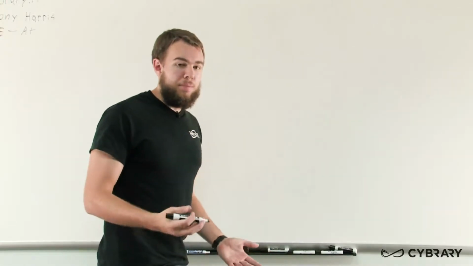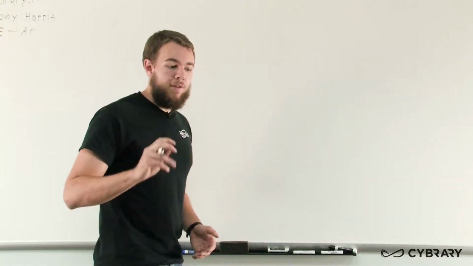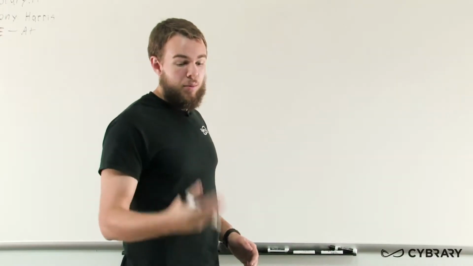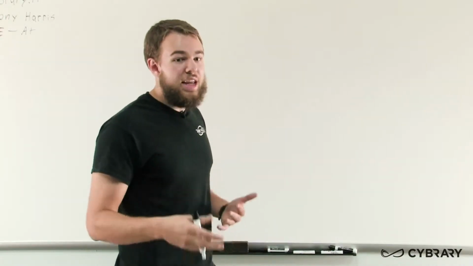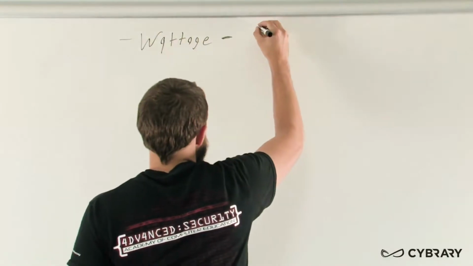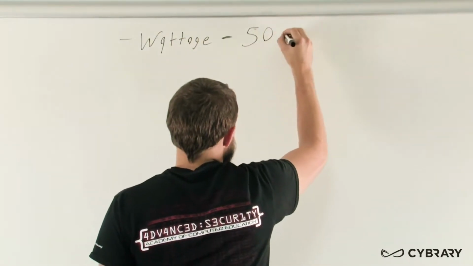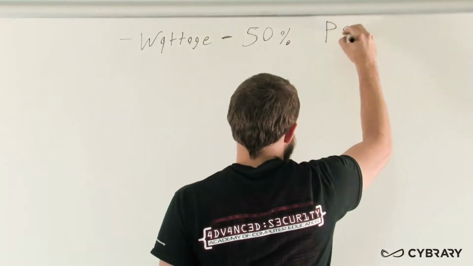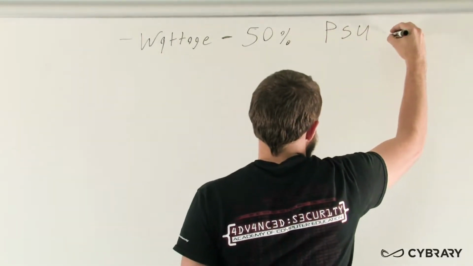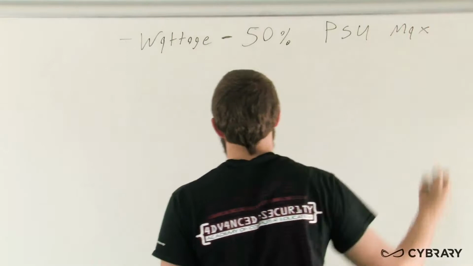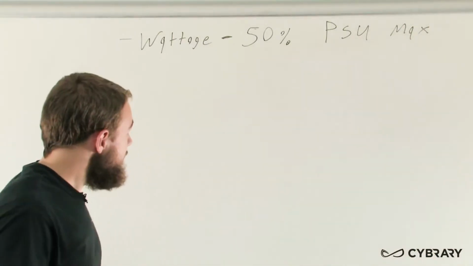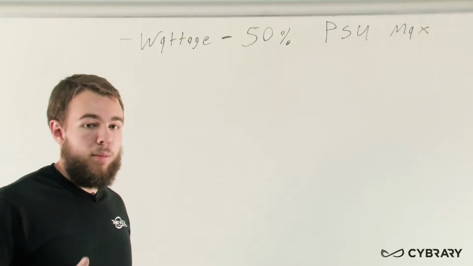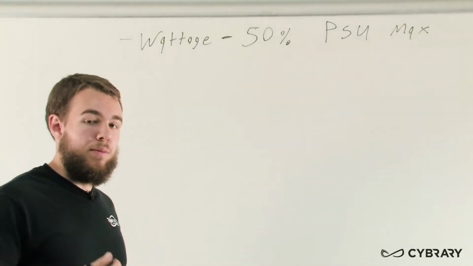So we're designing our own computer. We've figured out what wattage our board is, and we've determined what our current need is for power. When we're purchasing our power supply unit, it's best to purchase one where our total max output is at around 50% of the power supply unit's max output. Now, this allows our power supply unit to work at peak performance, and it also allows room for improvement.